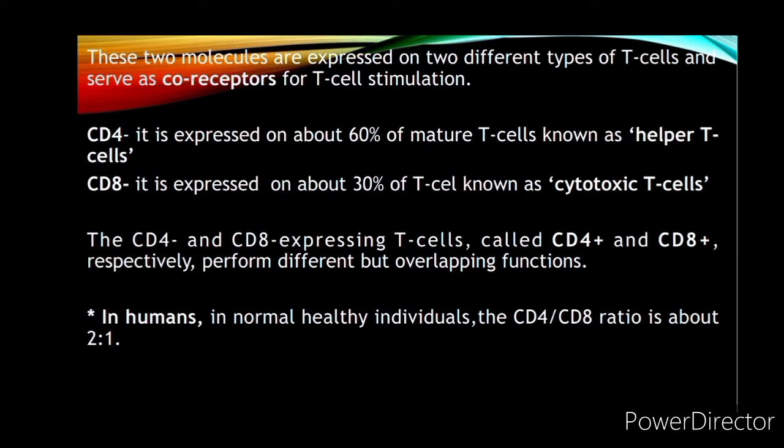So in humans, in normal healthy individuals, the CD4 to CD8 ratio is therefore about 2:1. The CD4-expressing and CD8-expressing T cells, called CD4 positive and CD8 positive respectively, perform different but overlapping functions.